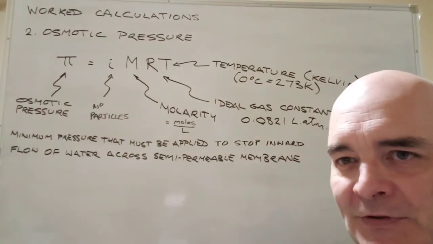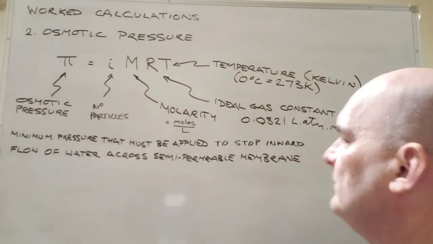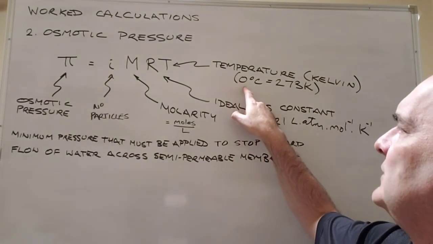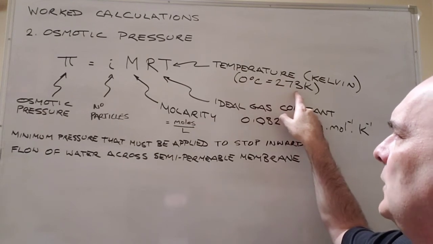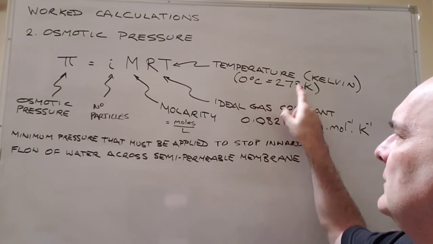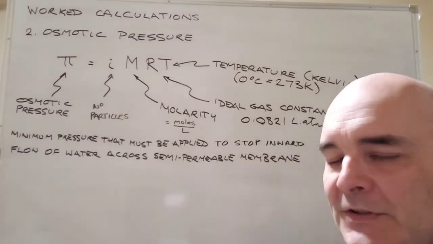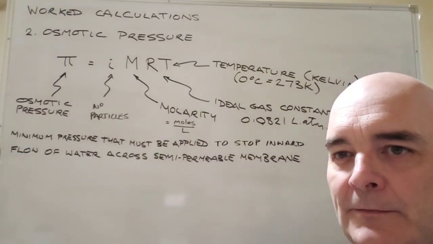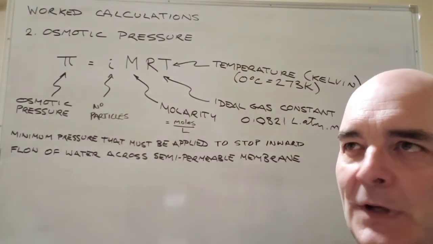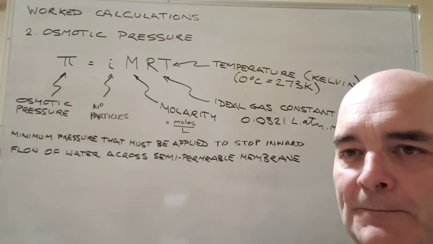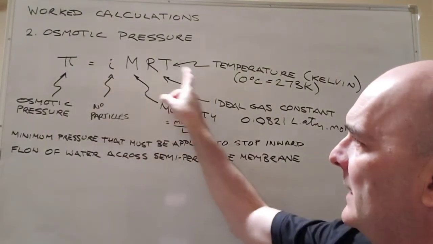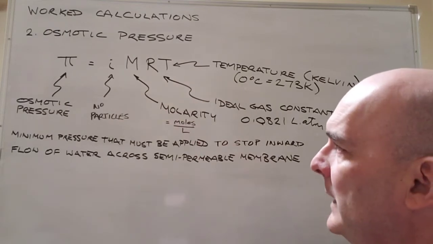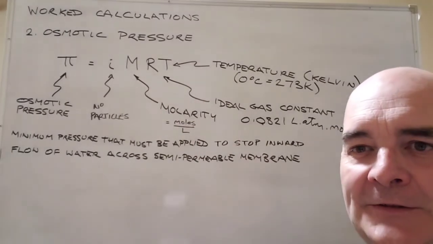Kelvin is an absolute temperature, and 0 degrees Celsius on the Kelvin scale is equal to 273 Kelvin. Kelvins never go negative. That's what absolute zero means. You can't get any colder than absolute zero. Okay? So we'll write up a question and we'll put some numbers in there and we'll make these numbers make sense.